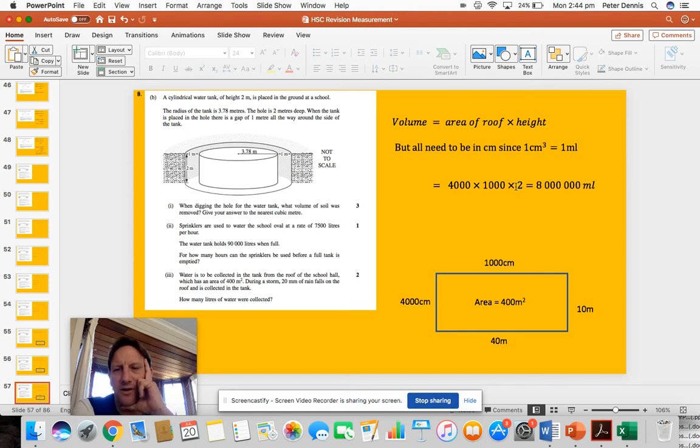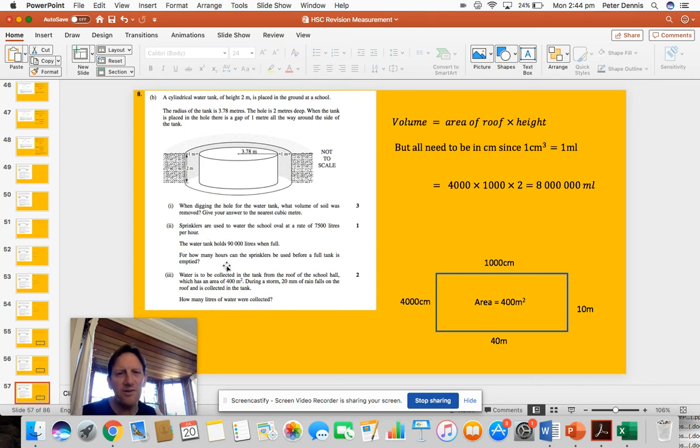I've timesed it by 2 because 20 millimetres of rain fell, so there's 2 centimetres. Now they're all in centimetres. So 400 metres squared is really 4 million centimetres squared, times 2. That's 8 million millilitres.